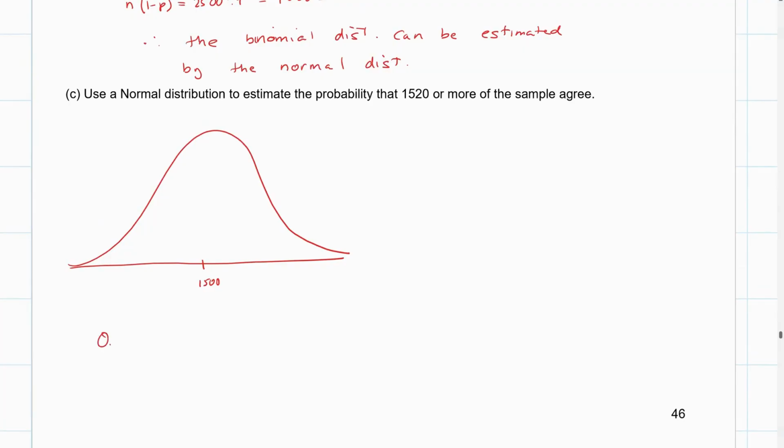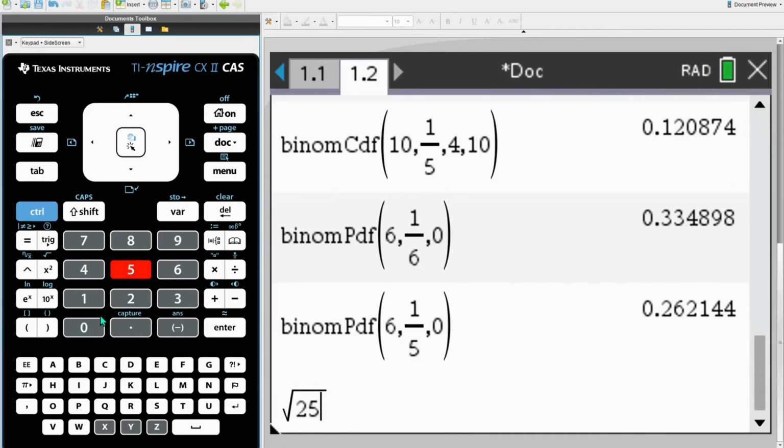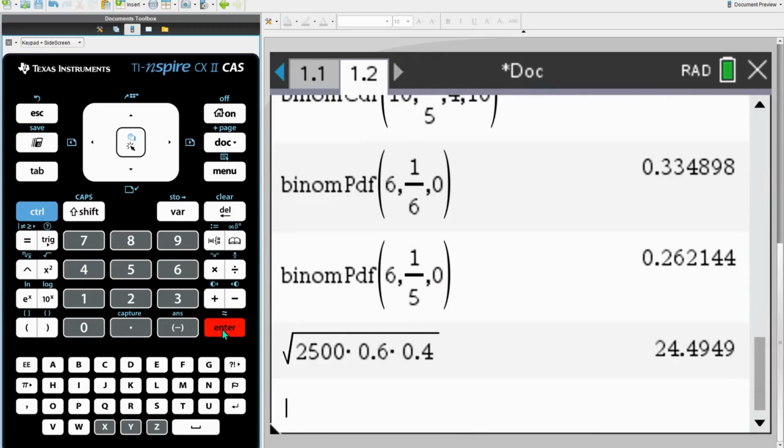Remember, the standard deviation formula is the square root of n times p times 1 minus p, which is the square root of 2,500 times 0.6 times 0.4. We get 24.49, which rounds to 24.5.